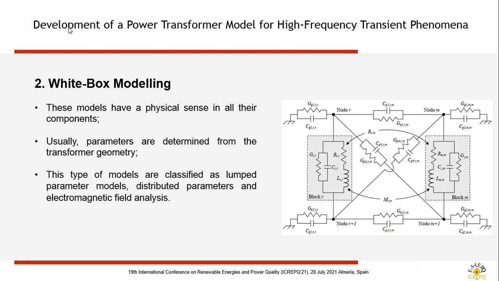This type of models can be classified as lumped parameter models, distributed parameter models, which follow the electromagnetic wave theory, and electromagnetic field analysis. In this work, I have used a lumped parameter model.